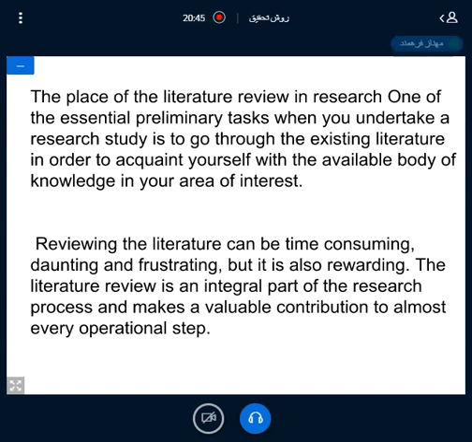Reviewing the literature can be time-consuming, daunting, and frustrating, but it is also rewarding. The literature review is an integral part of the research process and makes a valuable contribution to almost every operational step.